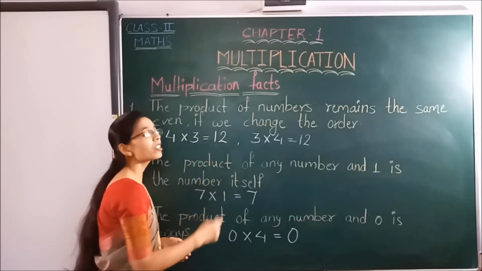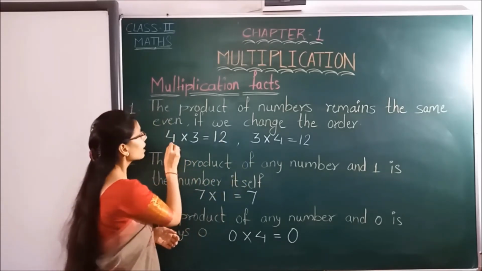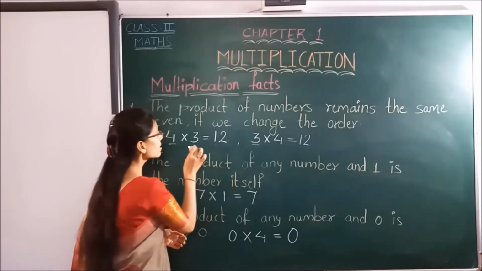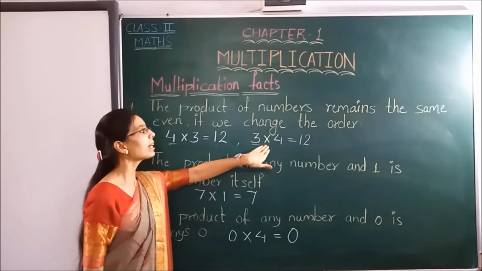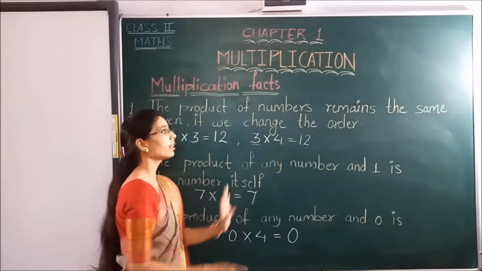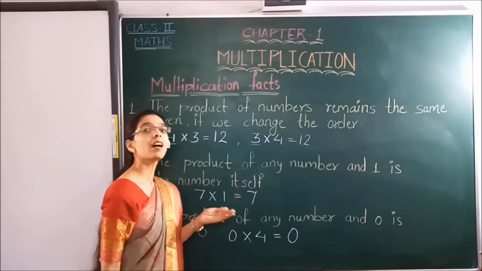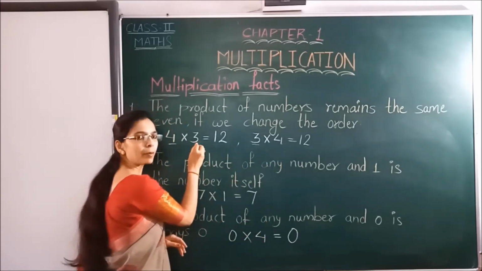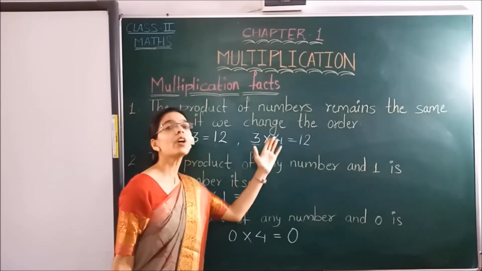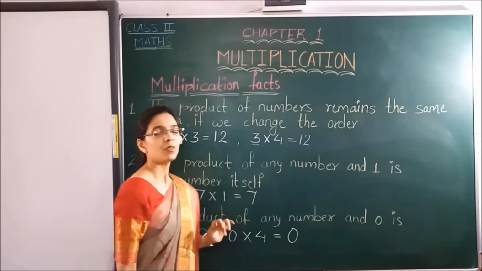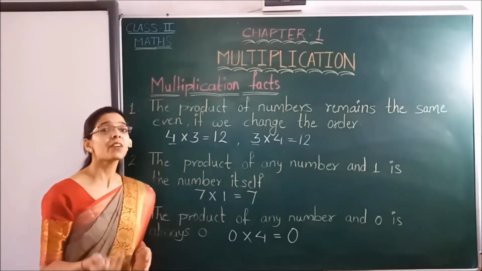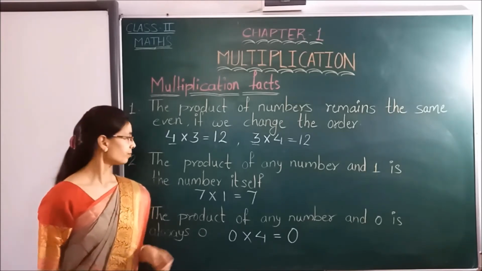If we change the order and write the second number first, 3 multiplied by 4, the product remains the same. 4 multiplied by 3 is 12, and 3 multiplied by 4 is also 12.